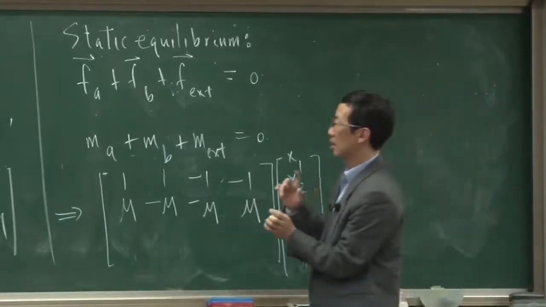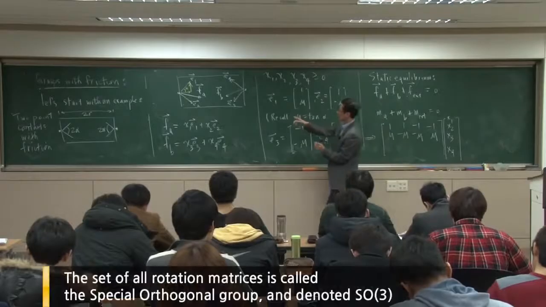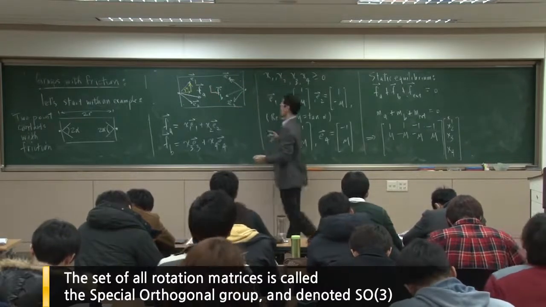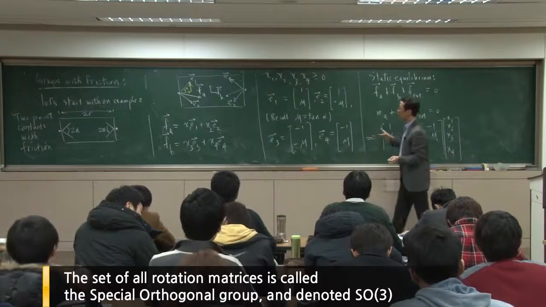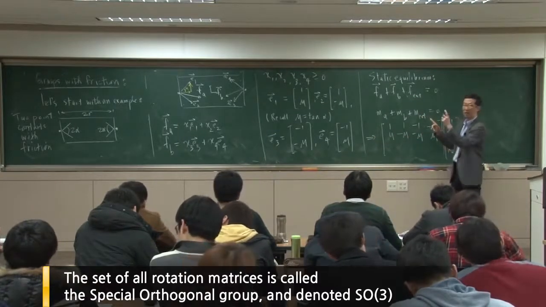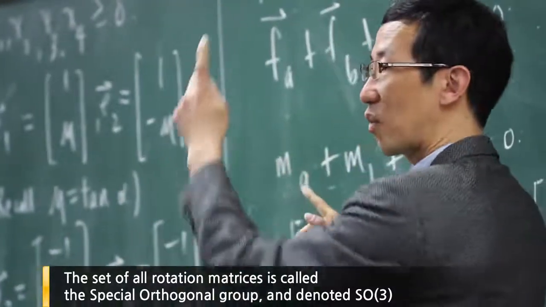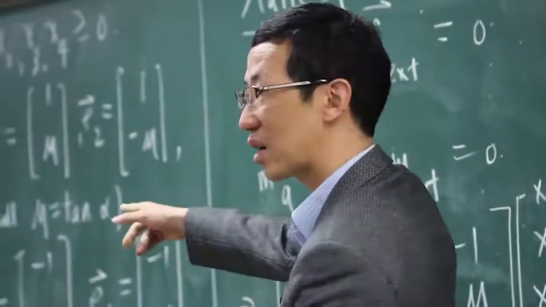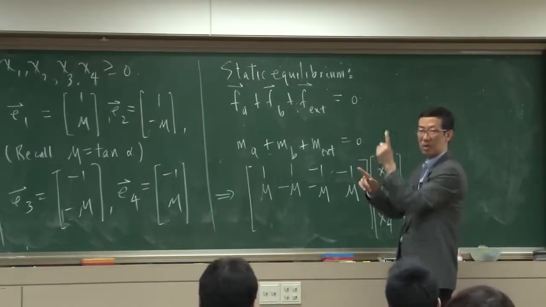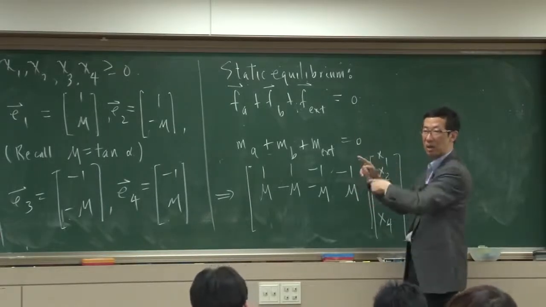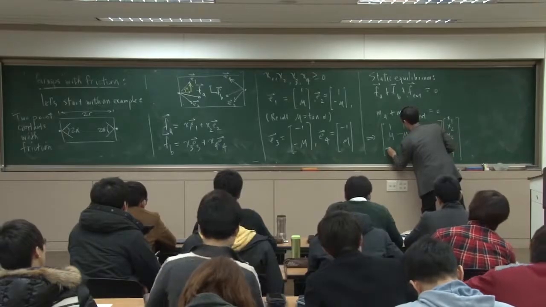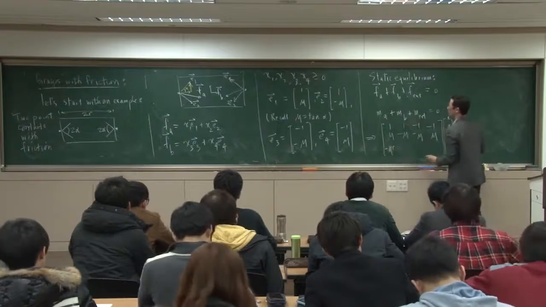Remember we picked our reference frame in the middle here. The moment generated by FA: there's the force in the E1 direction and the force in the E2 direction. The E1 direction is going to generate a clockwise rotation, so it's going to be minus mu r.